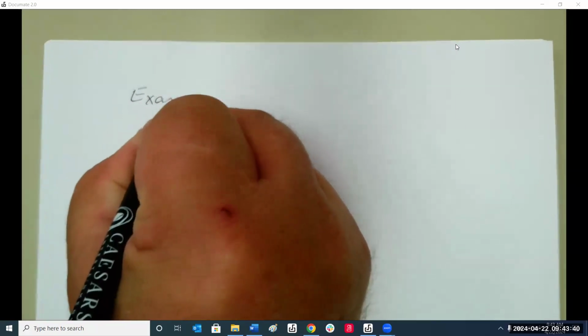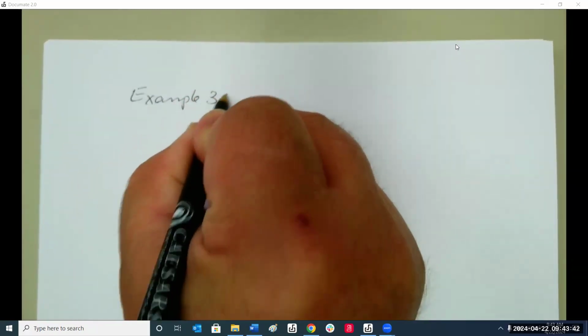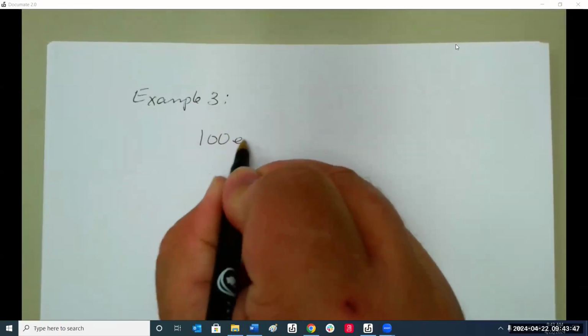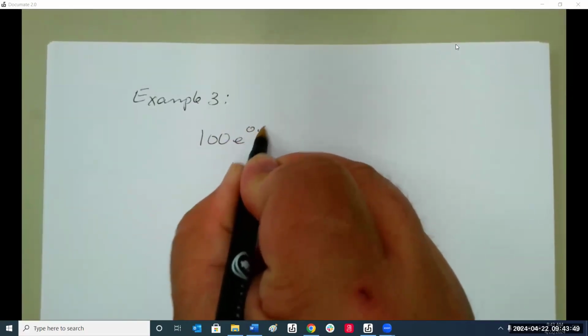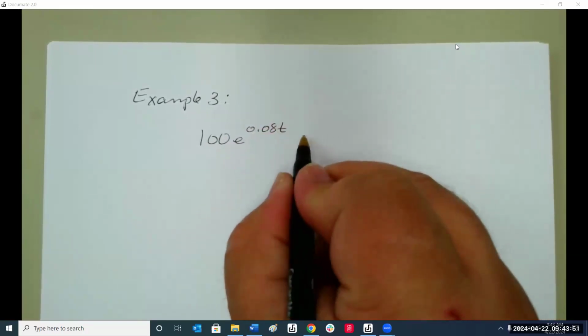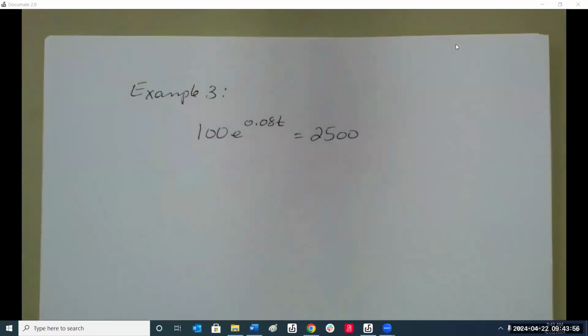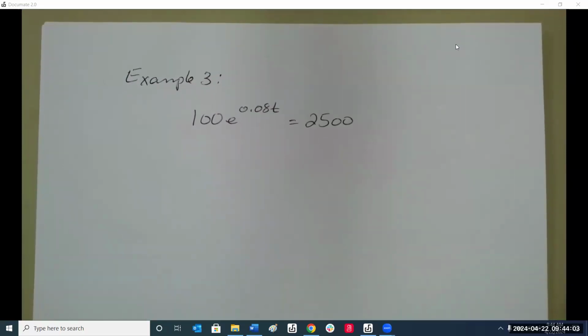Example 3. 100 e to the power 0.08 t equals 2500. So what's the first thing you got to do?